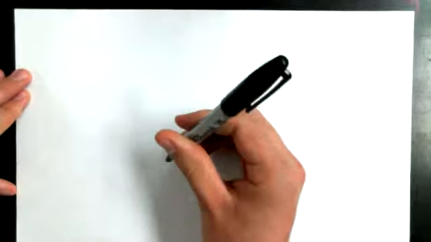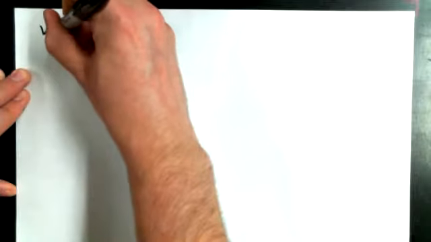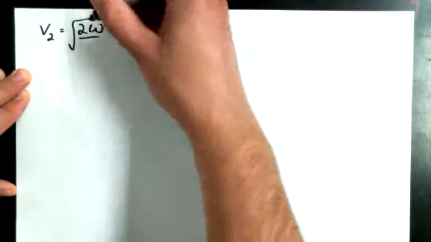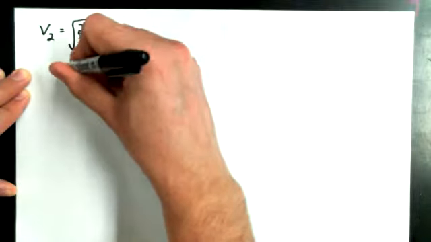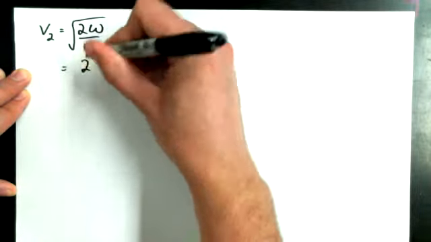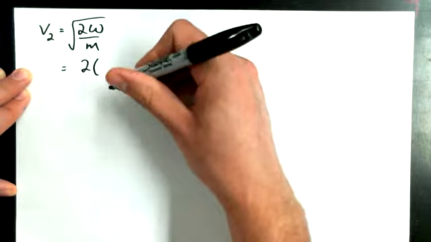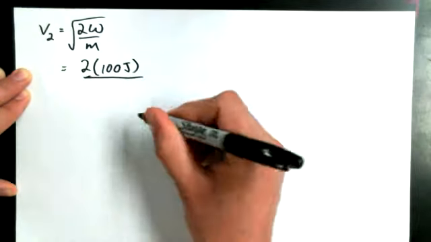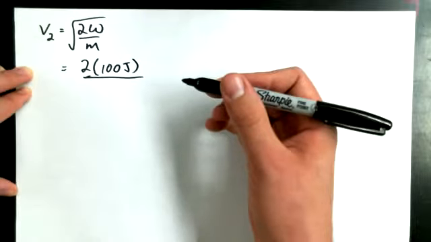So keeping the same values from before, we say v2 is equal to the square root of 2 times the work divided by the mass of the object. And in this case, we said that the work that was done on this object was equal to 100 joules, according to our math, divided by the mass, which we claimed earlier.